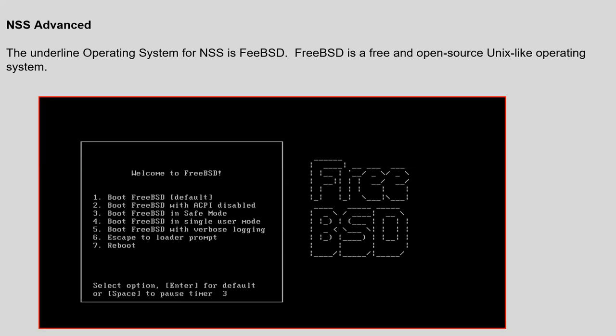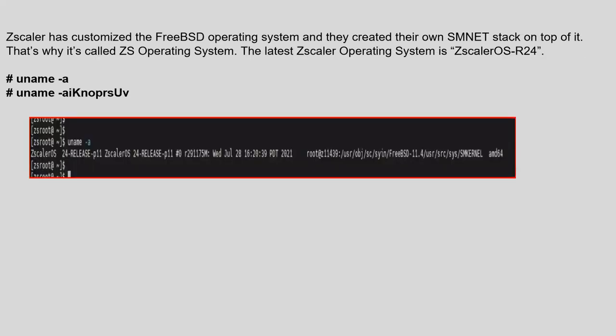What Zscaler has done is customize that FreeBSD operating system, create its own SNMET stack on top of it, and then they call it Zscaler operating system. The latest version of Zscaler operating system which NSS runs on is NSS ZSOS 24.